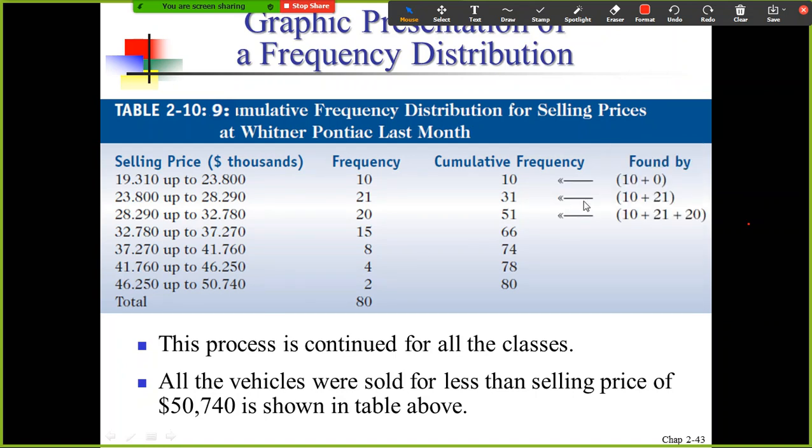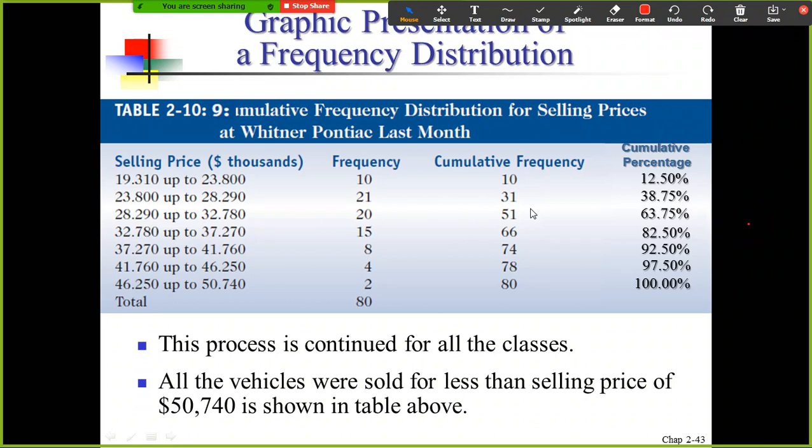Okay, so I just replaced this one with percentage, because in order to construct the cumulative frequency or less-than cumulative frequency, what do we use? We use the frequency or the cumulative frequency, and we use the percentage, the cumulative percentage.